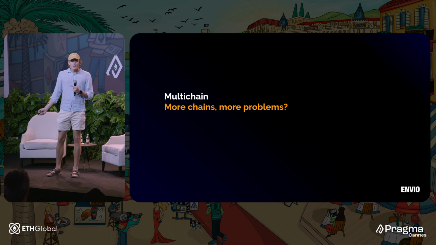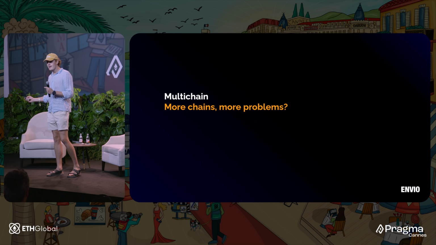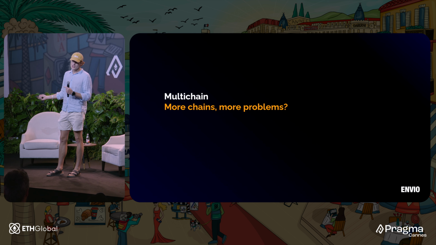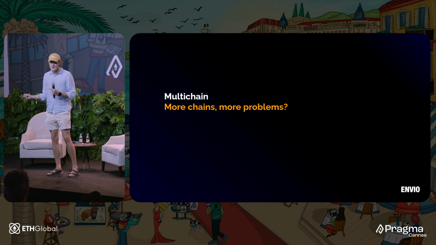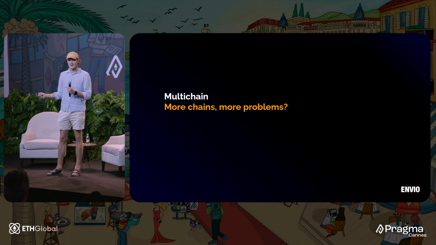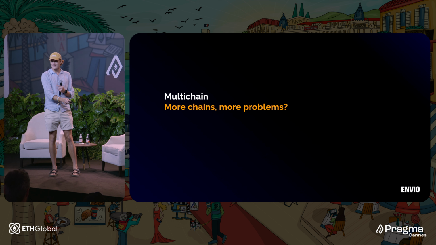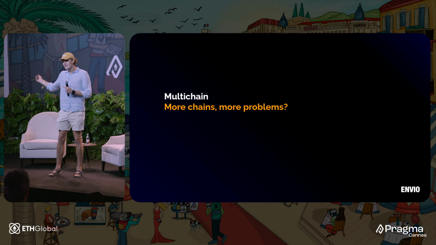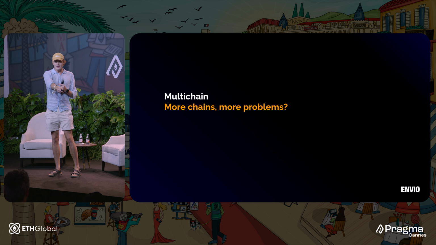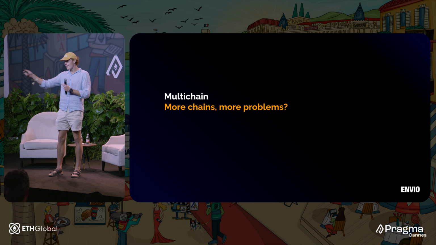Now we get to a problem where we're in this increasingly more multi-chain world, right? More chains, more problems, maybe, I don't know. It does make things really tough, right? You're not just looking for a needle in one haystack now. You now have tons of haystacks. You don't just have to find them there, but you also got to find them there, and there, and there.